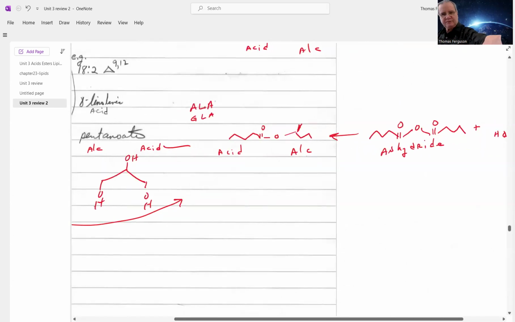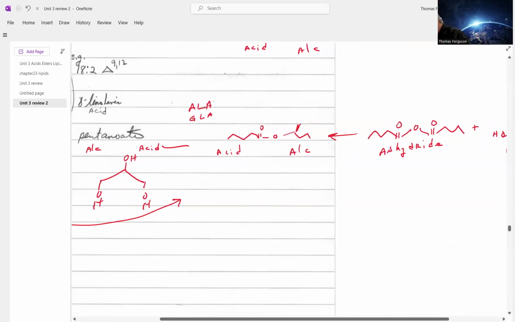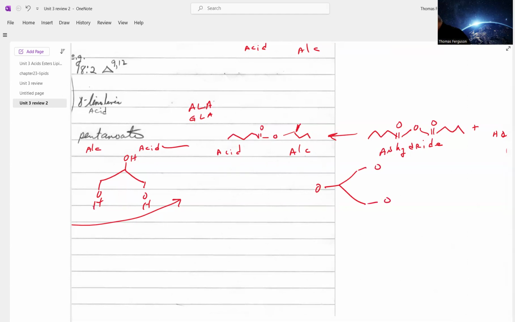We need a lot of room for this. That's the glycerol. And then oleic acid is 18 carbons long, 1 double bond, and that's at carbon number 9.